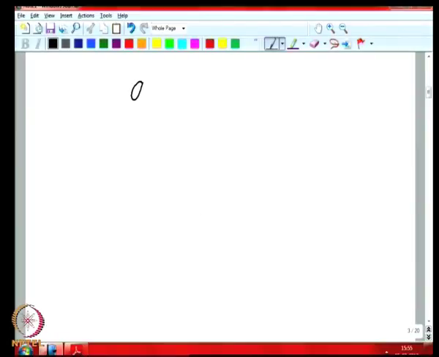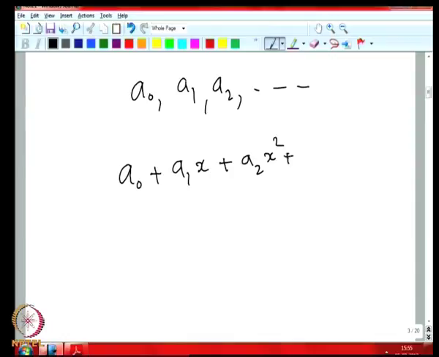Once again, our sequence is a0, a1, a2 and so on. Note that our ordinary generating function will be a0 plus a1 x plus a2 x square plus a3 x cube and so on, and the coefficient of x raised to n will be an.